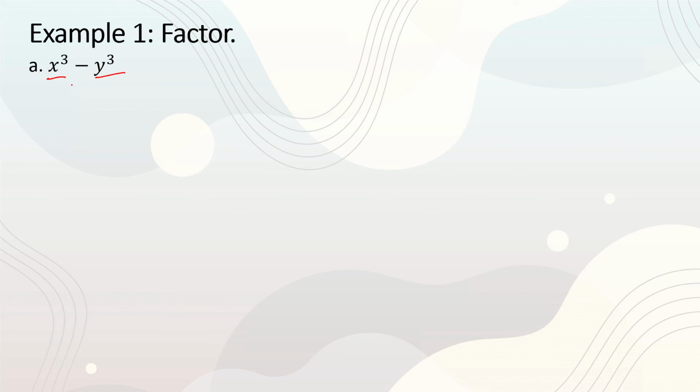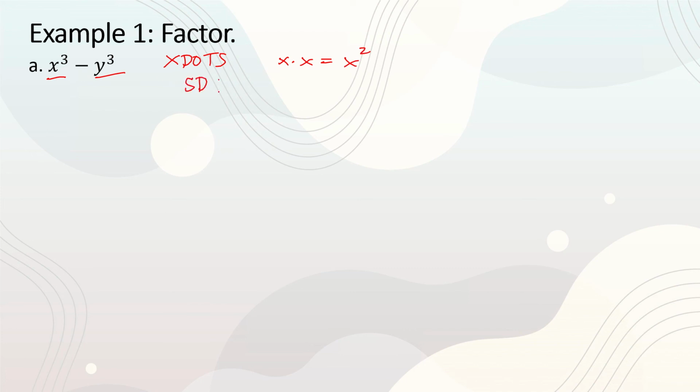Then we determine whether it's DOTS or SDTC. It's not DOTS because the first term is not a perfect square. When we say perfect square, it must be x times x, then you'll get x squared. But it's x cubed, so it's not DOTS.